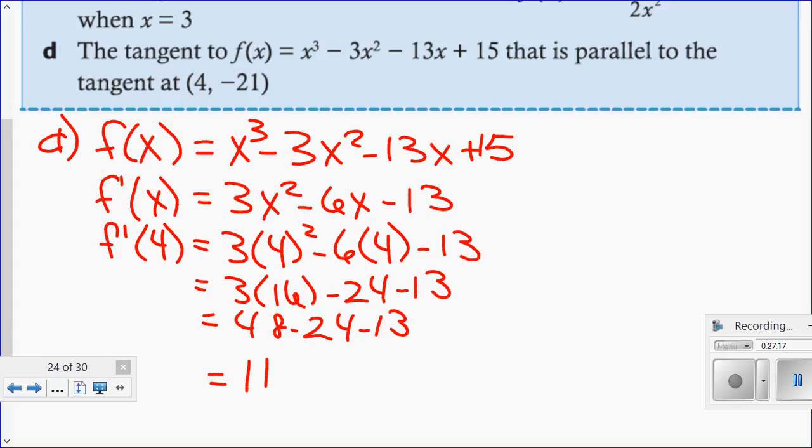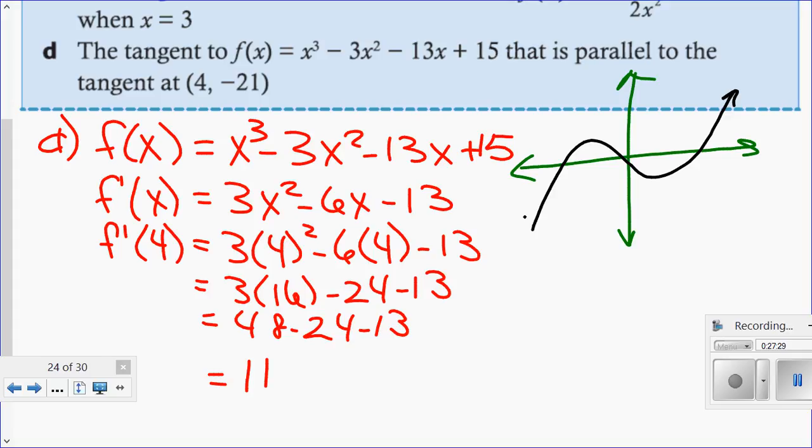So if my curve, so this is a cubic, okay? So I have a cubic function here, and at 4, my slope was 11, right?